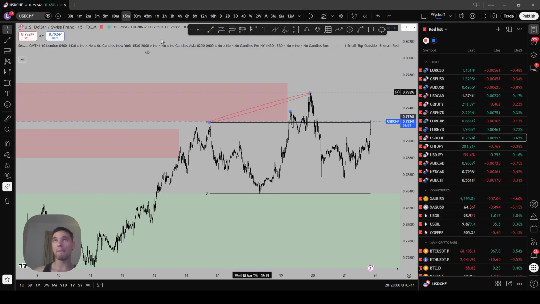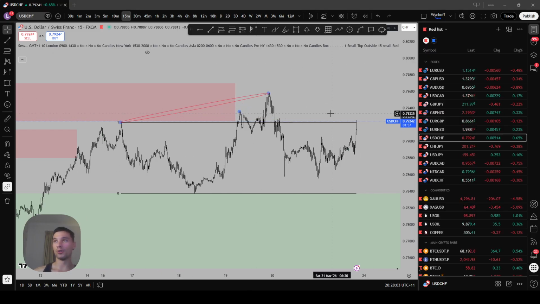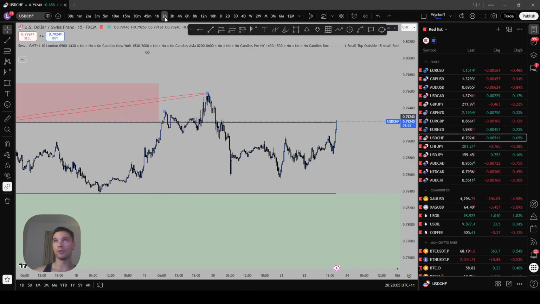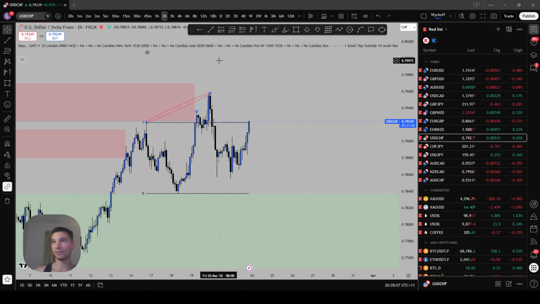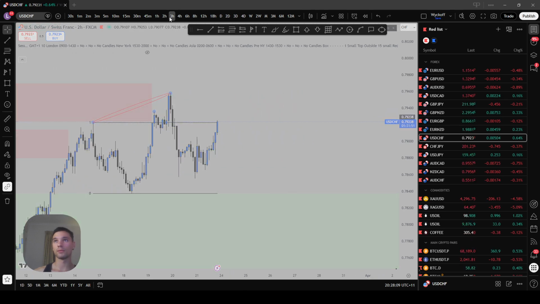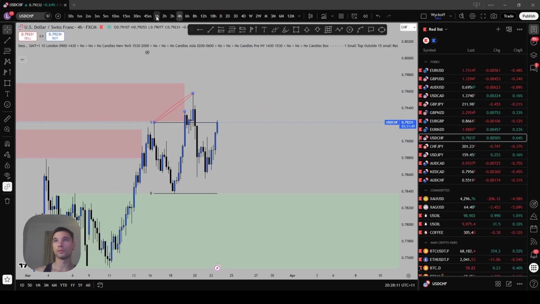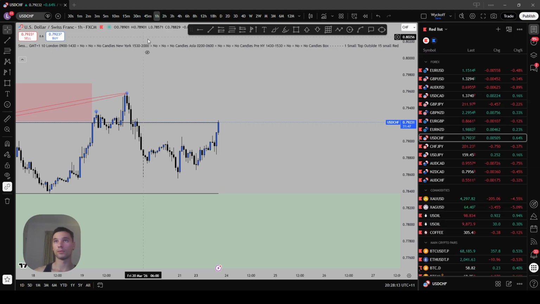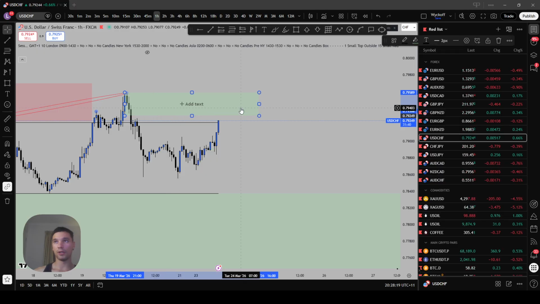This can just be a mega Model 2. Let's see where our POIs are. This might be mitigated on the lower time frame. I have a feeling.